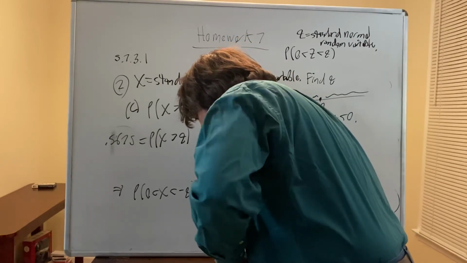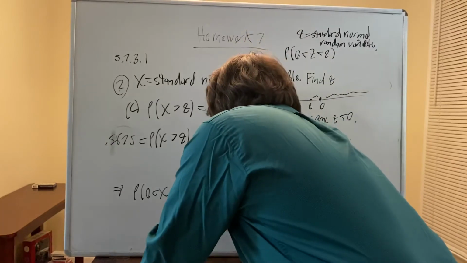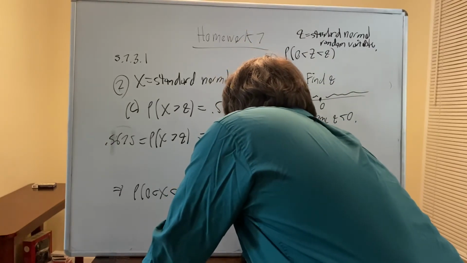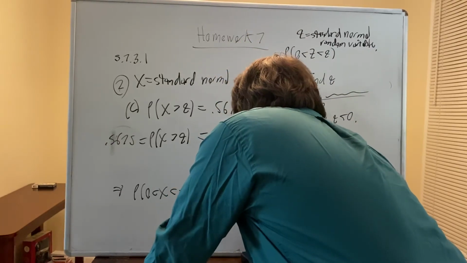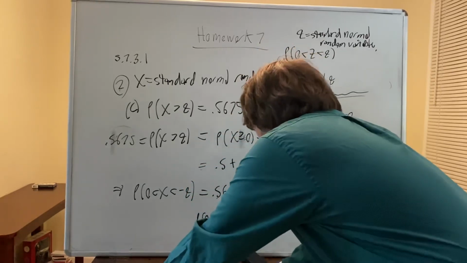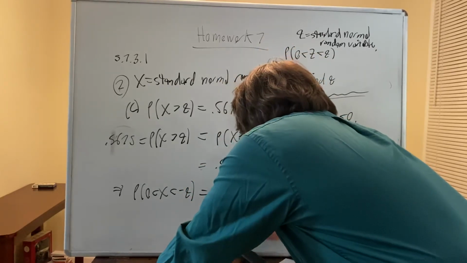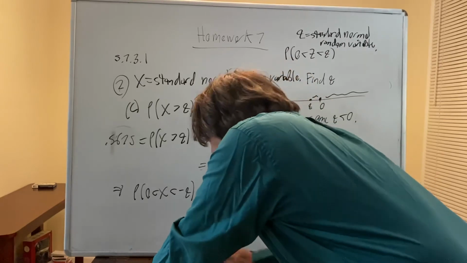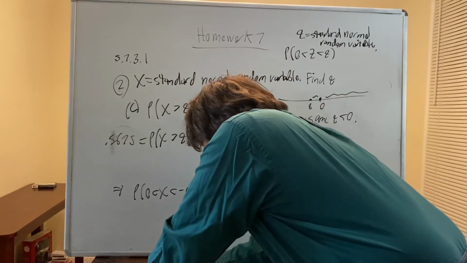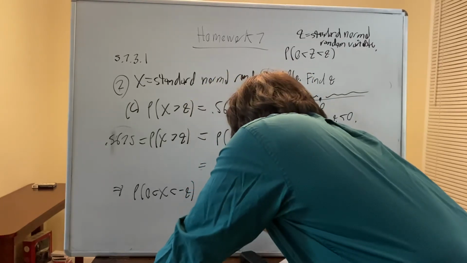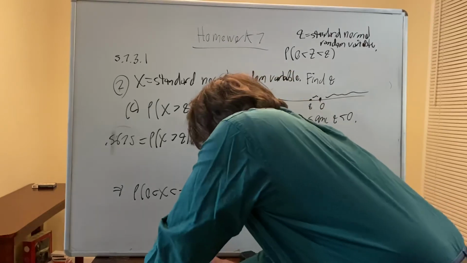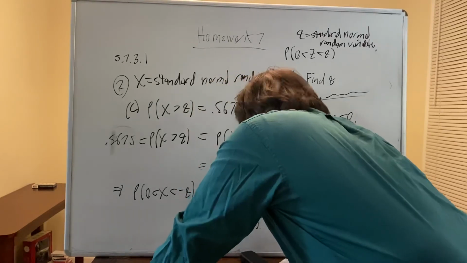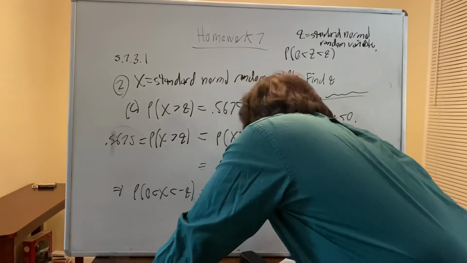So the probability that 0 is less than x less than, I'll call it z prime, just because it's not that z, is 0.17. That is equal to 0.068.